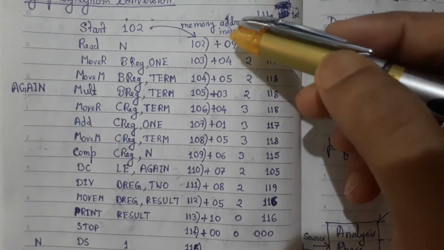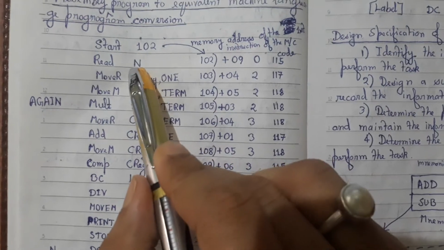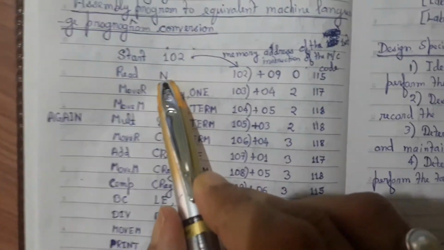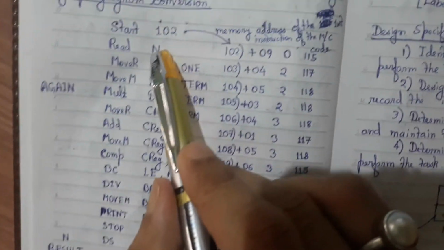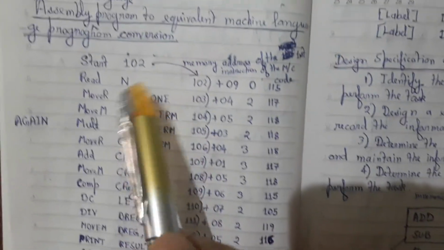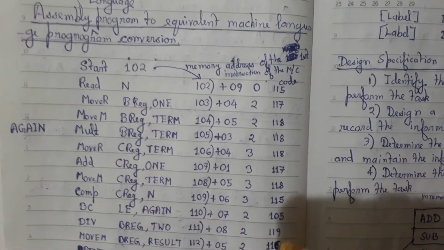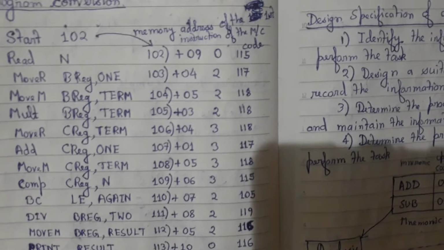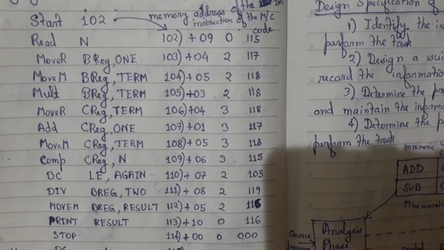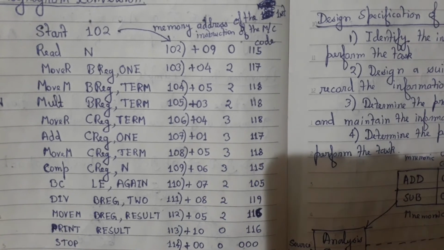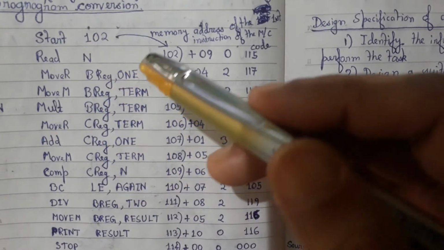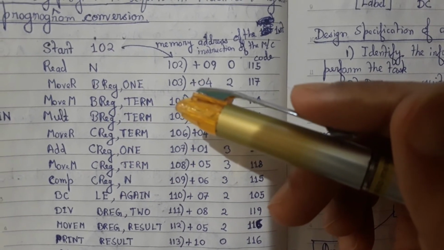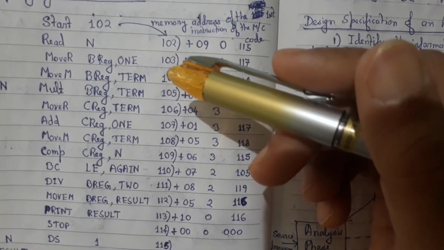The forward references, that means the addresses of the symbols which have not been calculated yet, are called forward references. That means the symbols used before their declaration are called forward references. Forward reference is handled in a 1-pass assembler by using a technique called backpatching.